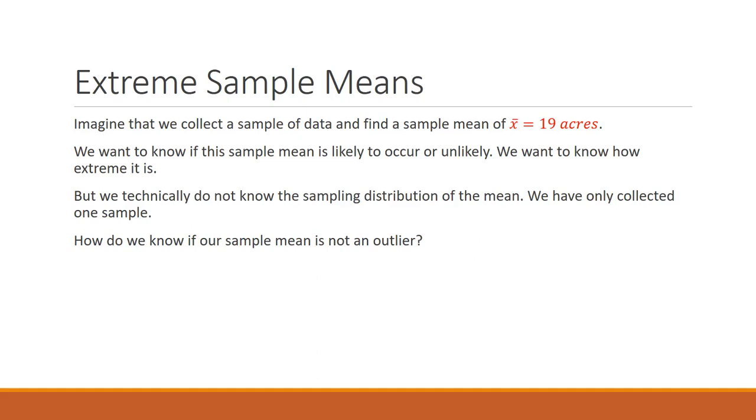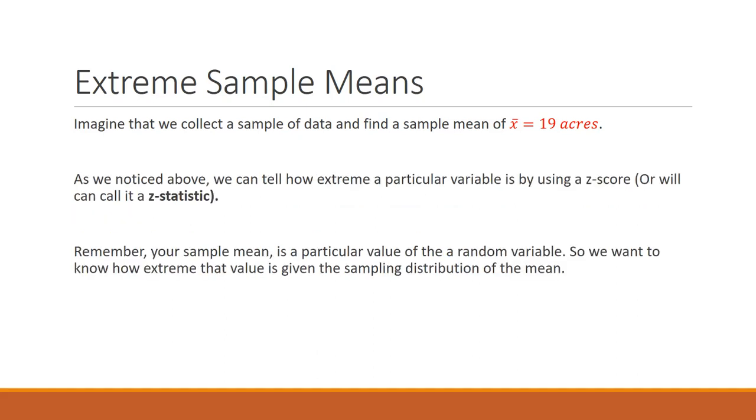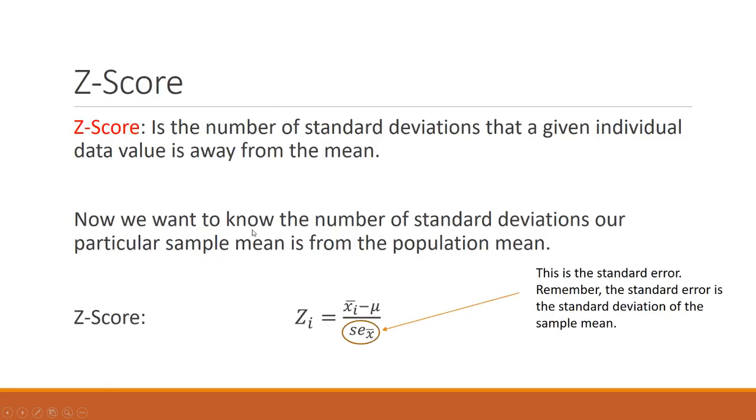Well, we can use our z-statistic. We can use our z-score to get an idea for how extreme a particular value is. We might want to know how extreme our sample mean is. So this is how we do it. We use the z-score, the number of standard deviations that a given individual data value is away from the mean.